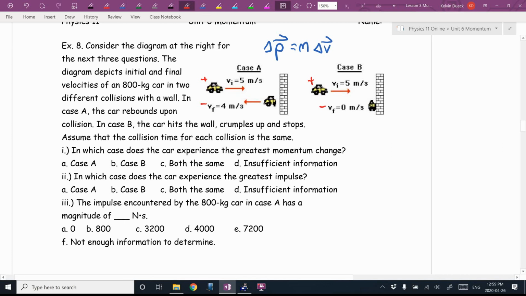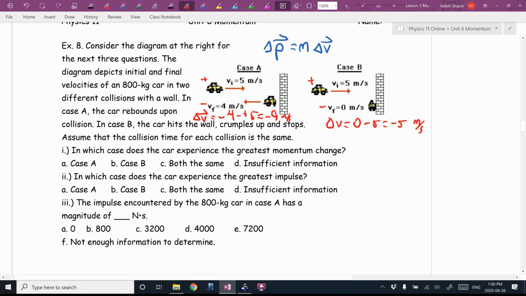And remember, change in anything is final minus initial. So for case A, the change in velocity is negative 4 minus positive 5, or negative 9 meters per second. For case B, the change in velocity is final 0 minus initial 5.